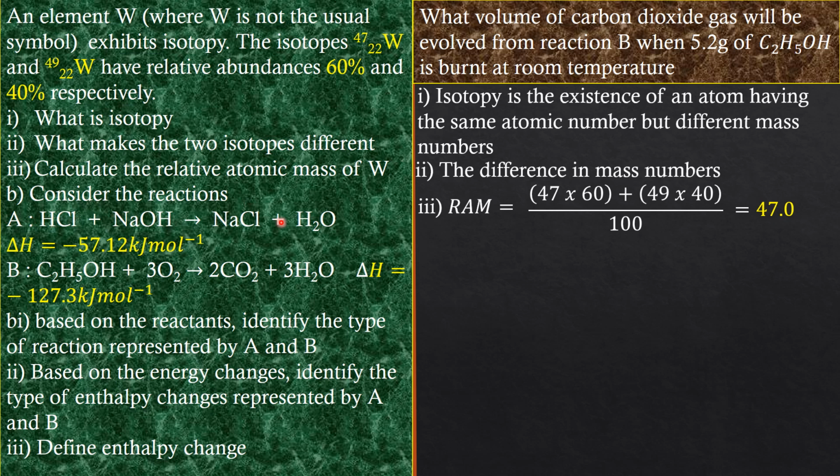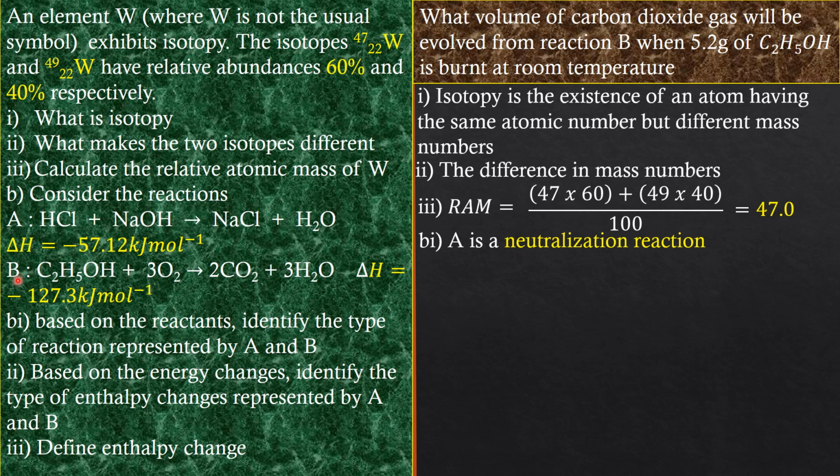So reaction A is a neutralization reaction, because neutralization simply involves the reaction between an acid and an alkali to give salt and water only, and delta H in this case is negative.